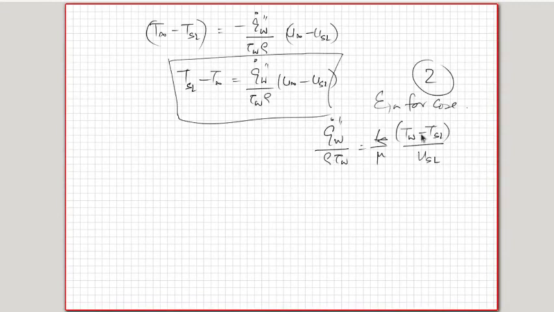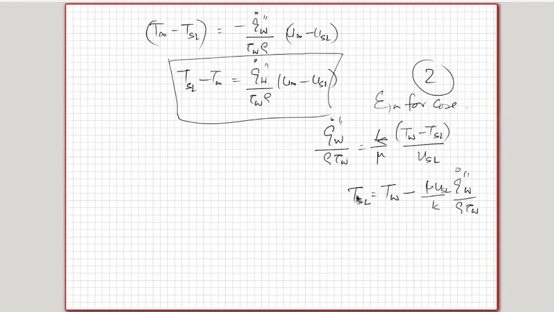Okay, now if I write from here, this mu and K I bring here, and USL I bring to this side. So TSL is equal to T wall minus mu USL by K into Q dot double prime wall by rho tau wall.